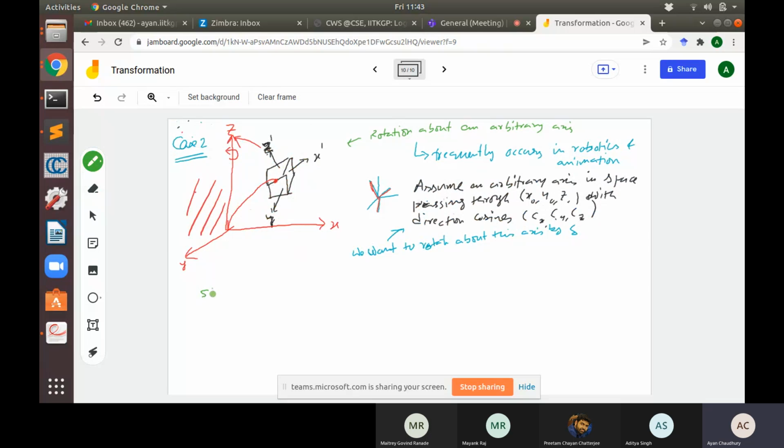Of course, we have to do the translation to the origin. So translate by minus x0, minus y0, minus z0, so that it coincides with the origin.